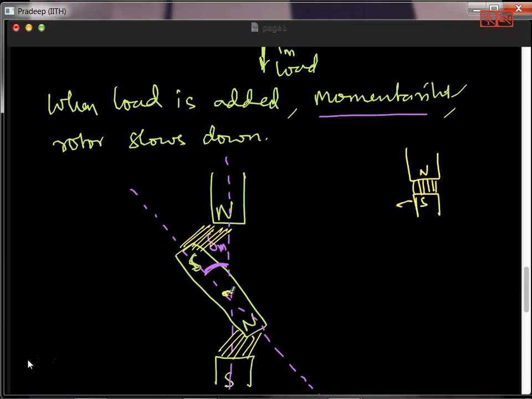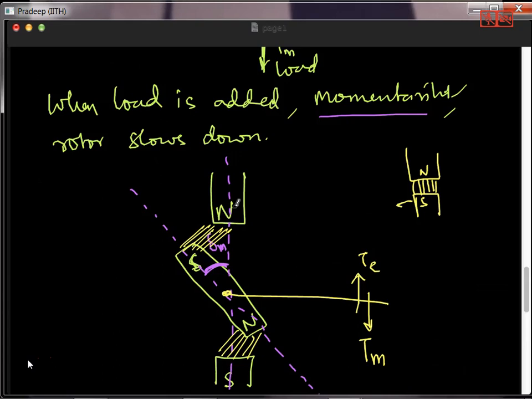So as a result, what is happening? There is a load here. The load is applying a mechanical torque, whereas this electromagnet, you can just define it as an electrical torque. The electrical torque is operating in the opposite direction, trying to align this back to this.